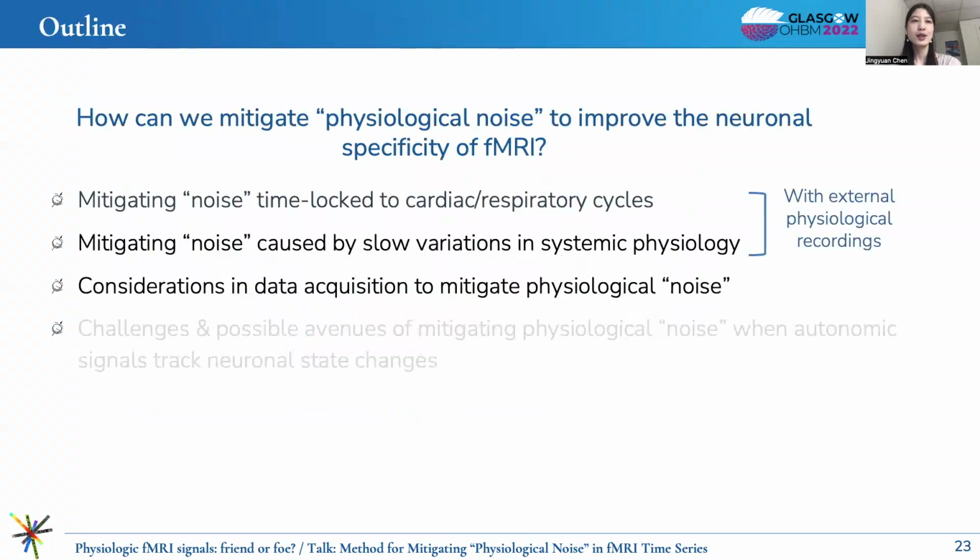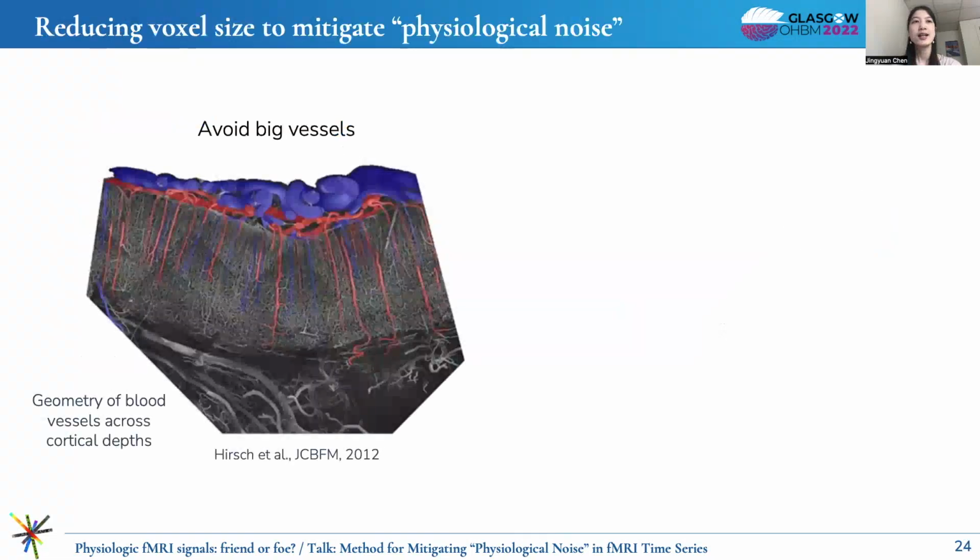Okay, so what I've mentioned earlier is how we can retrospectively correct for this noise using external physio recordings. I just want to highlight one particular aspect of data acquisition that can help us mitigate the physio noise. For conventional acquisition, we typically use very large voxel sizes, but actually going to smaller voxel sizes may be helpful too.